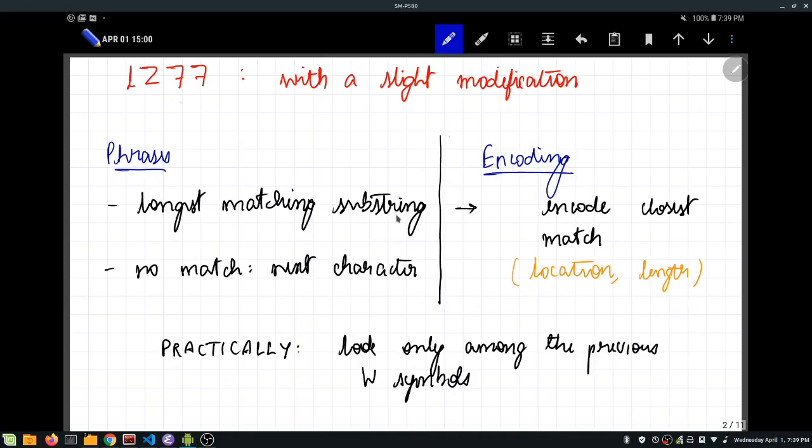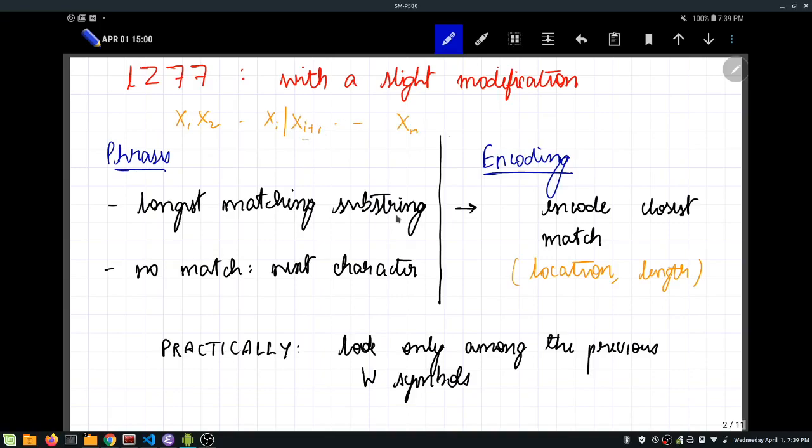Suppose you have x1, x2 up to xi. You already partitioned this into phrases. Now you are at xi plus 1.